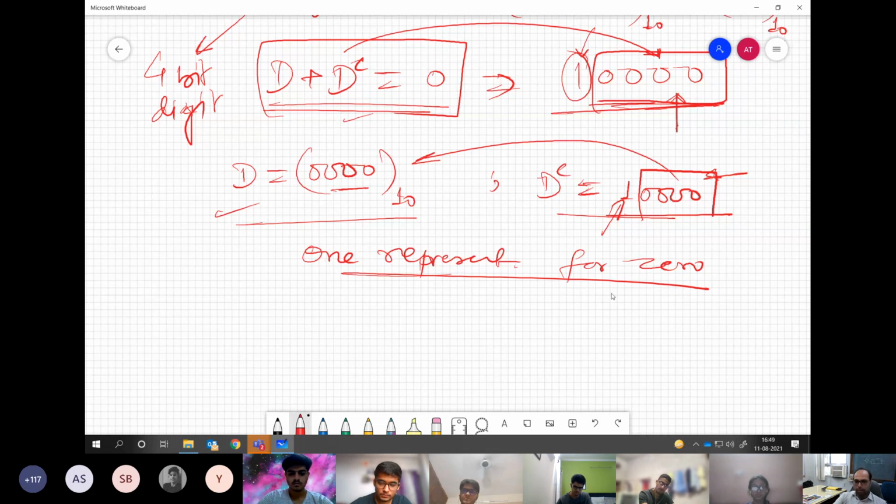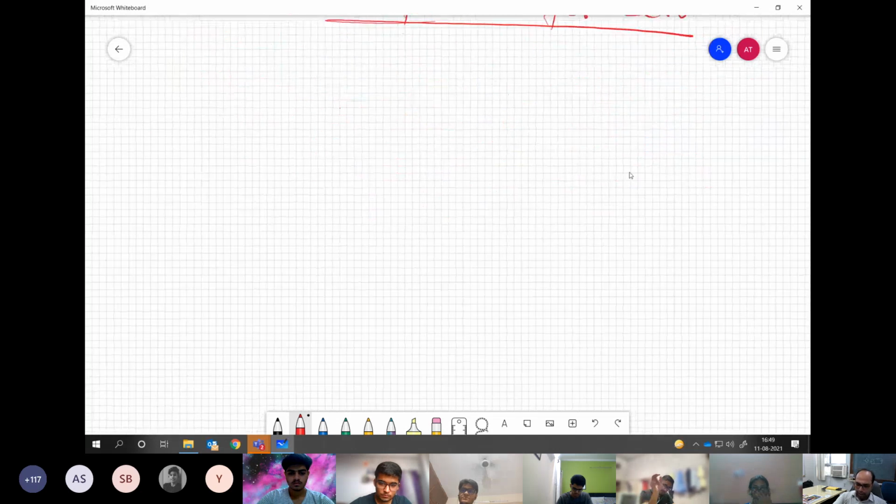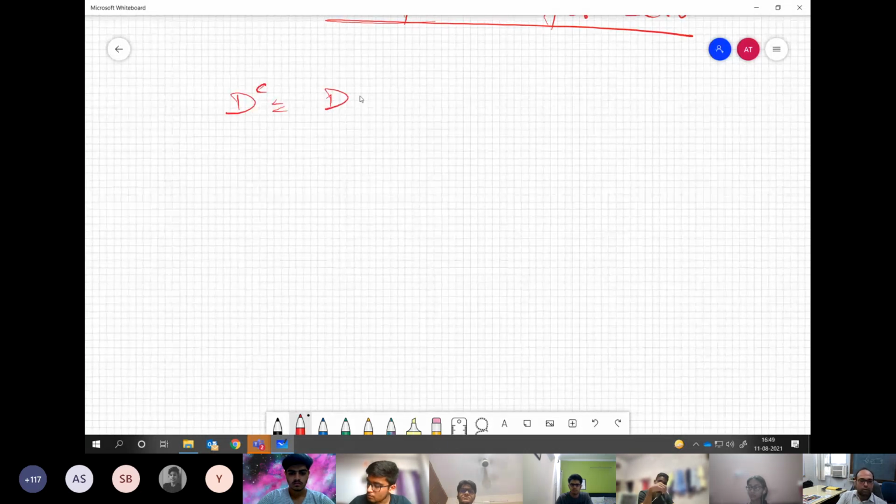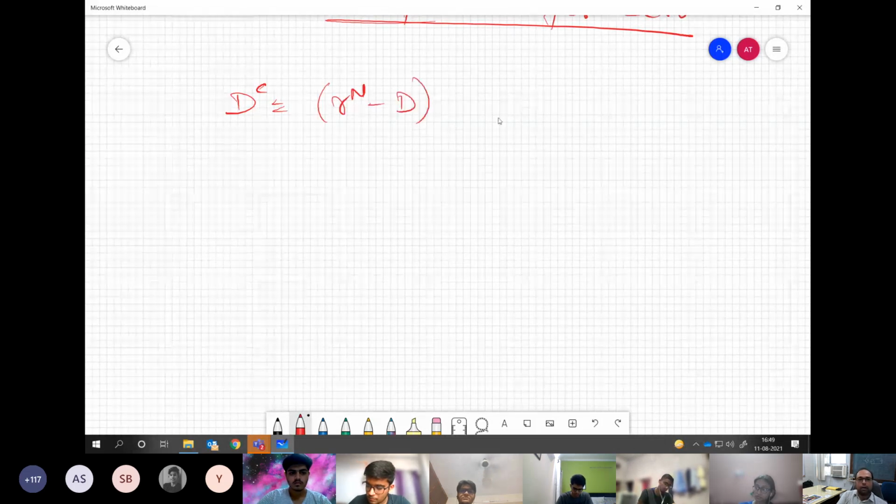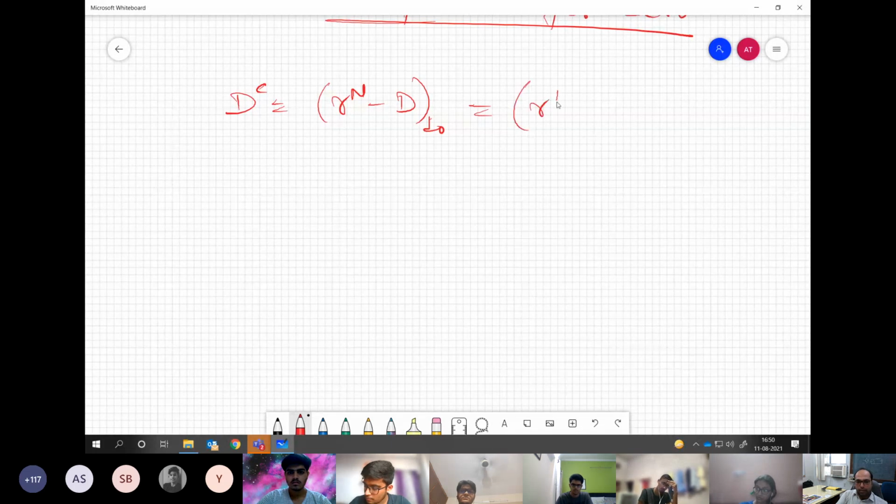Okay, now let us see some better ways to do the same thing, and then we will extend this to our binary system also. Actually, if you expand this, the complementary is nothing but, so we can write it in a little better manner.